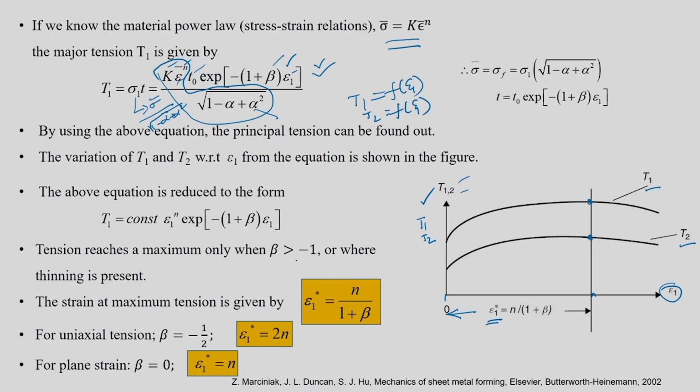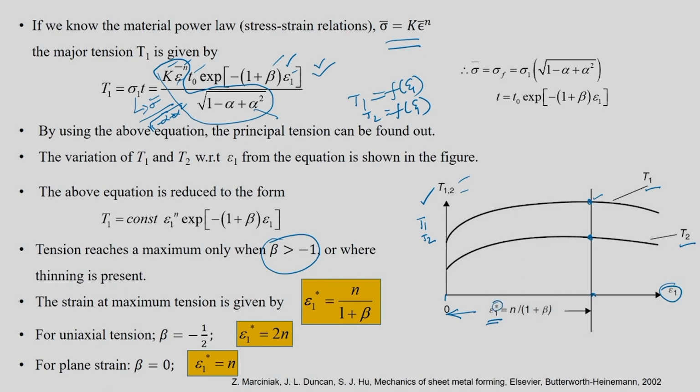If it is less than minus 1, then thinning will not happen, and you will not see this maximum tension. So, only if you have beta greater than minus 1 you will get this particular situation, and the maximum tension can be obtained at epsilon 1 star. We call this star because it tells the maximum value.